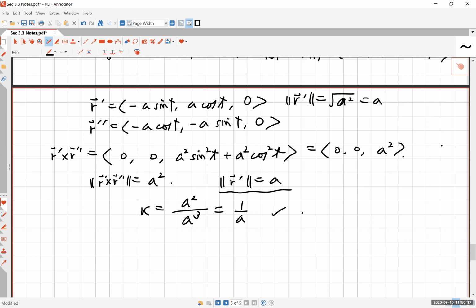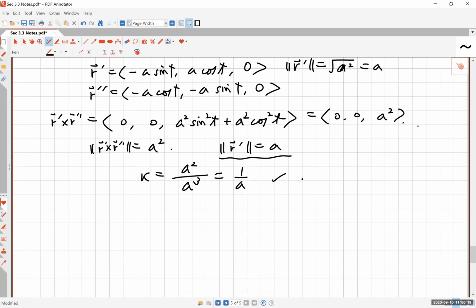Okay, and by the way, I should mention one more thing. I don't think I'll be asking you much about this, but if you take this 1 over k, that would be the radius.